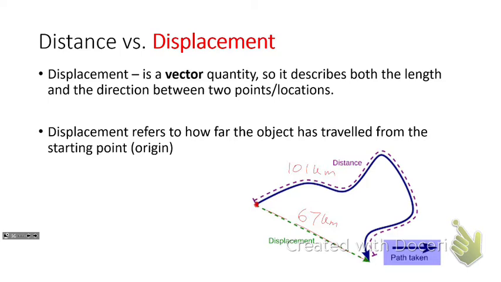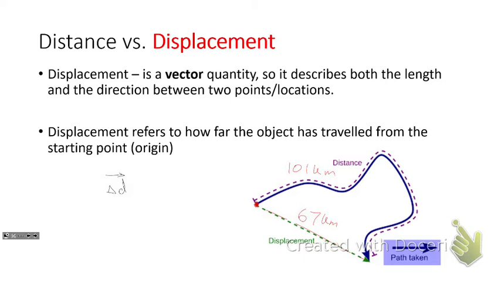So this is displacement, delta D with a vector arrow on top, not to be confused with our delta D distance. This is a scalar quantity. It does not have a vector hat.